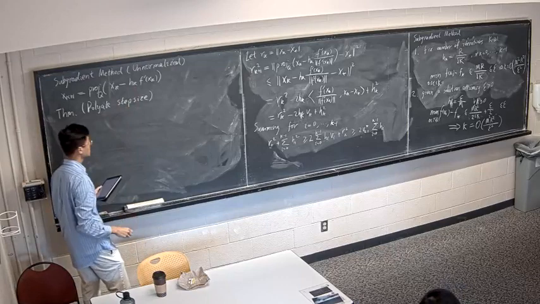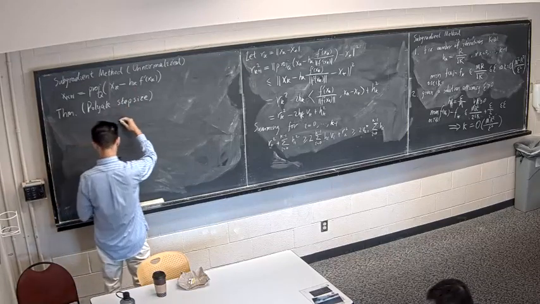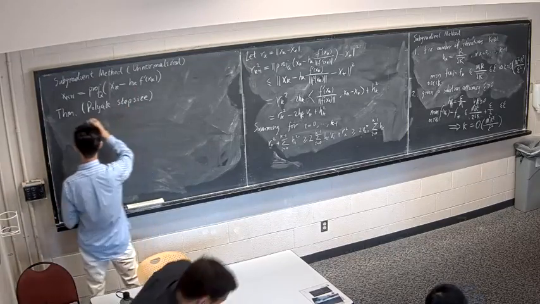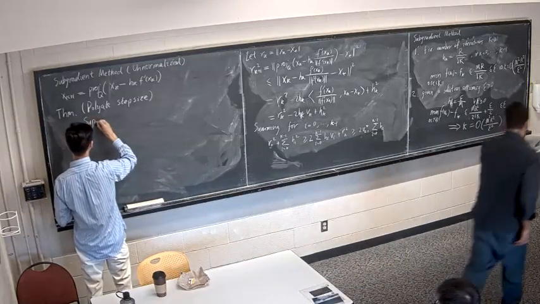This is called the Polyak step size. So suppose we know f star.